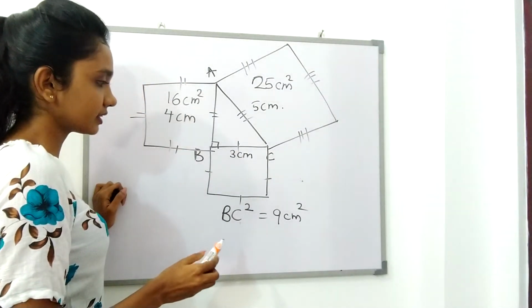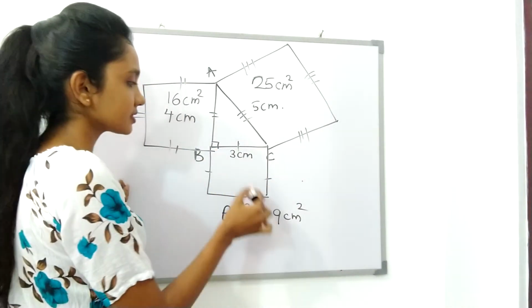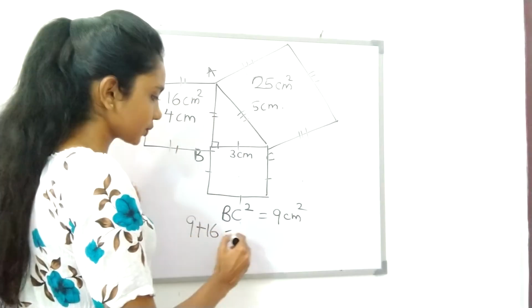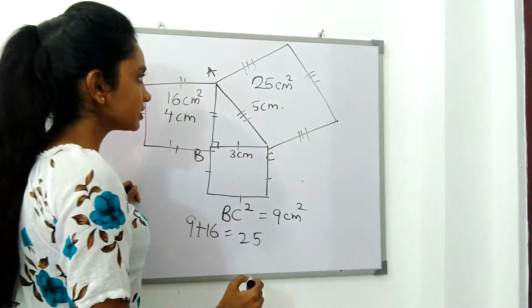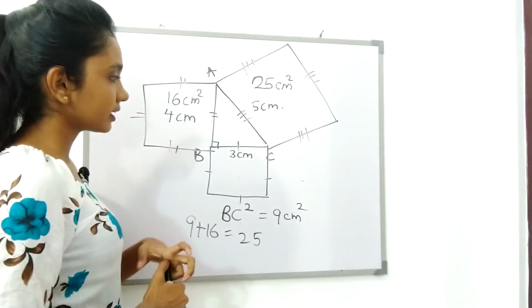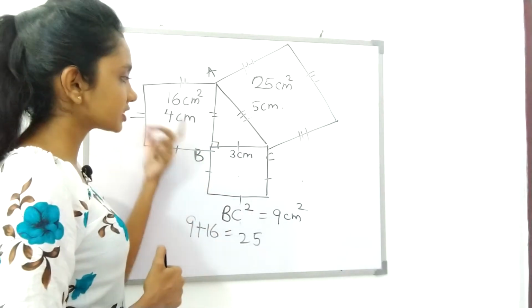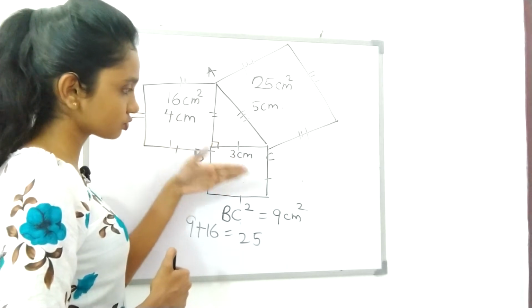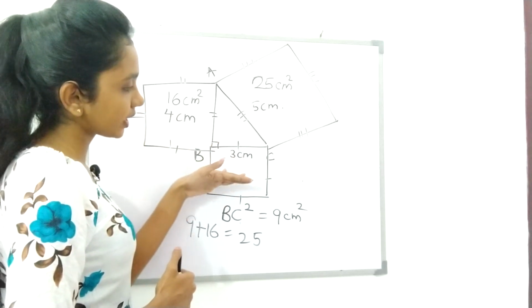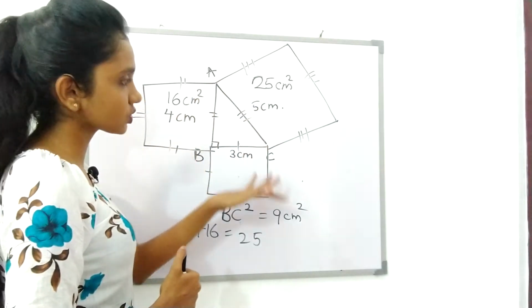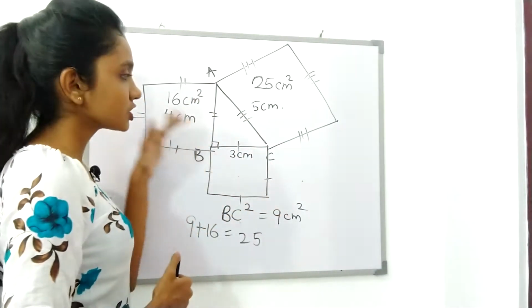You can see that clearly here: 9 plus 16 is 25. So you can see how the areas of the squares on the two included sides equal the square drawn for the hypotenuse. So this is the theory.